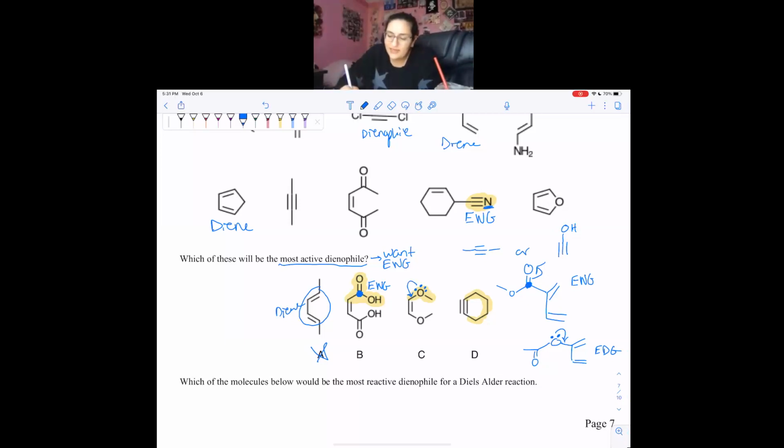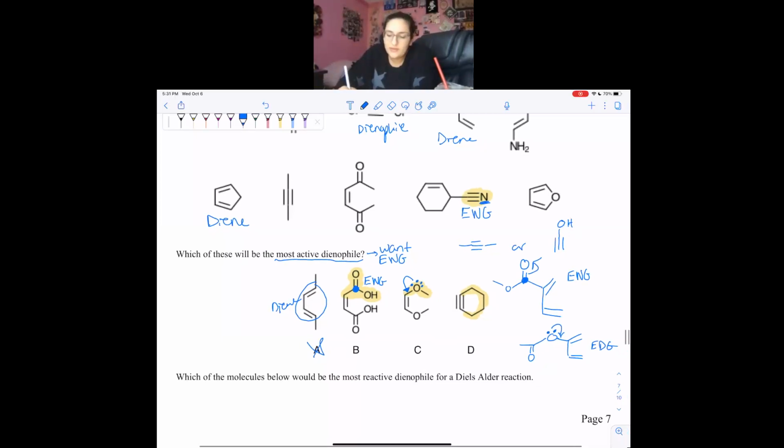This guy has a lone pair. And we know that lone pairs can donate their electrons into the system. So this one would be an electron donating group. And it donates with resonance.